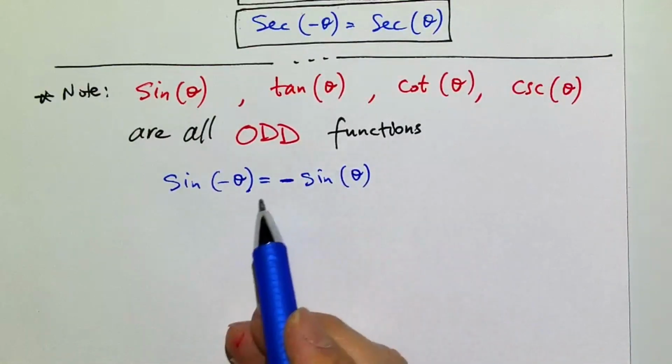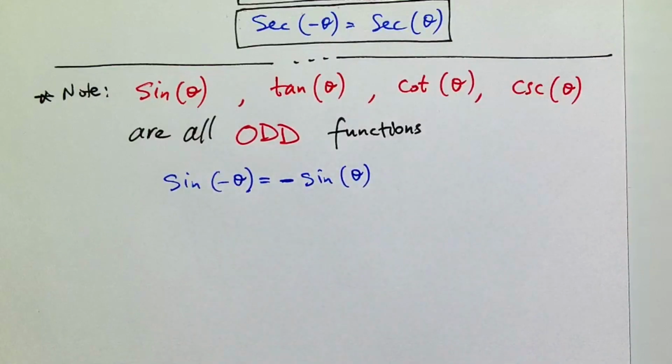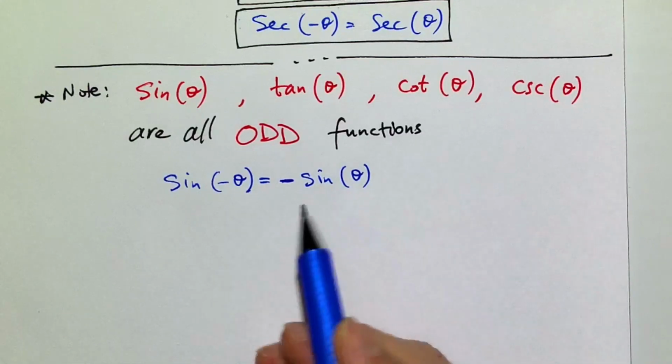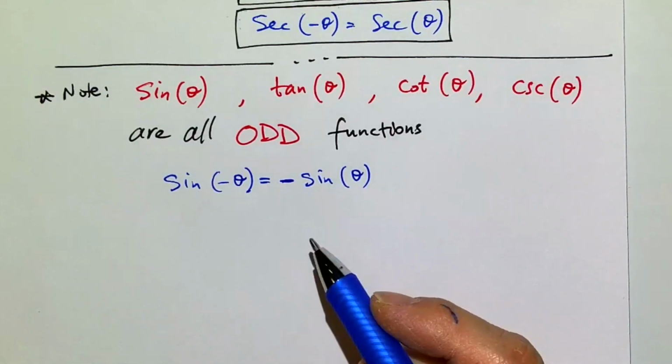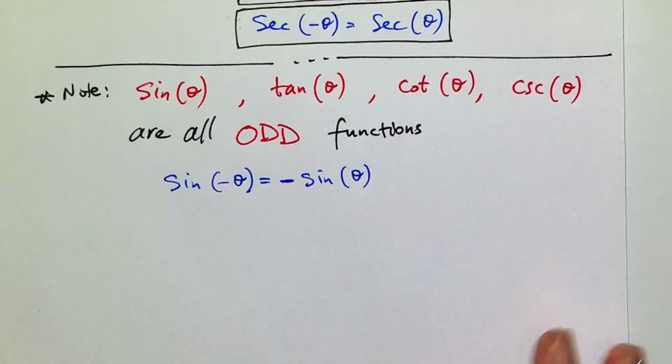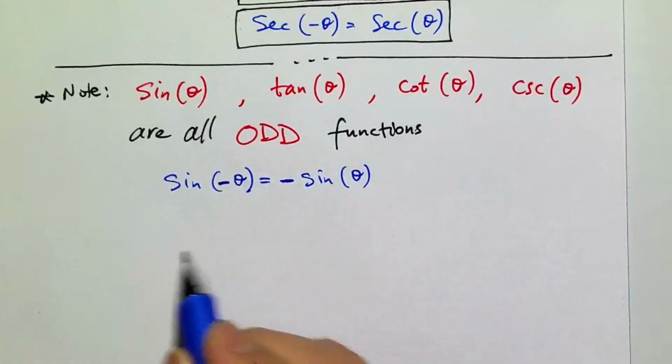Trust me, this simplifies things when we get to where we have to solve trigonometric equations, which is several or many sections later. These help us simplify expressions or simplify our calculations so much. So please make sure that you remember this.